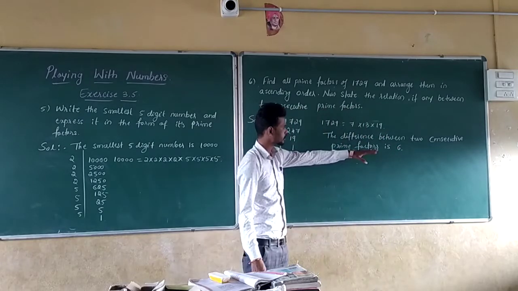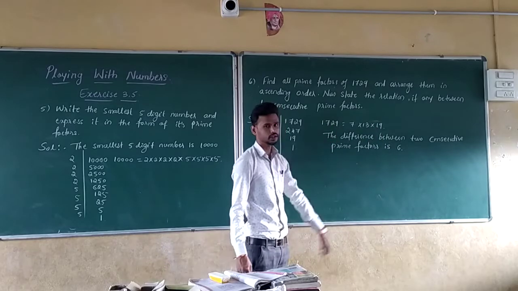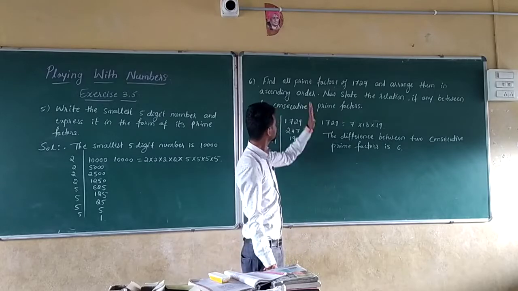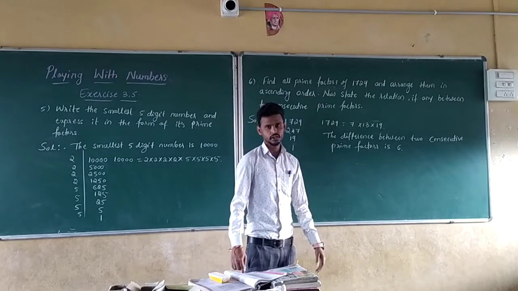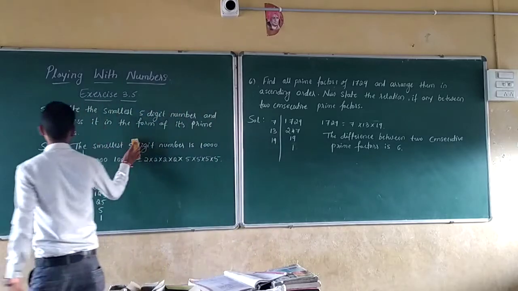So this is the relationship between two consecutive prime factors of 1729. So this is about the solution of the 6th question. Now let us see the next question, the 7th one.